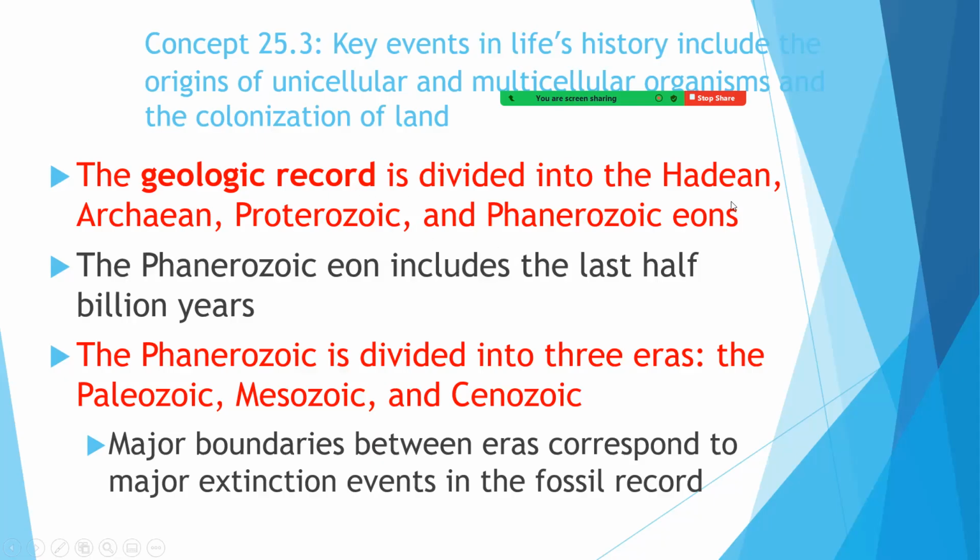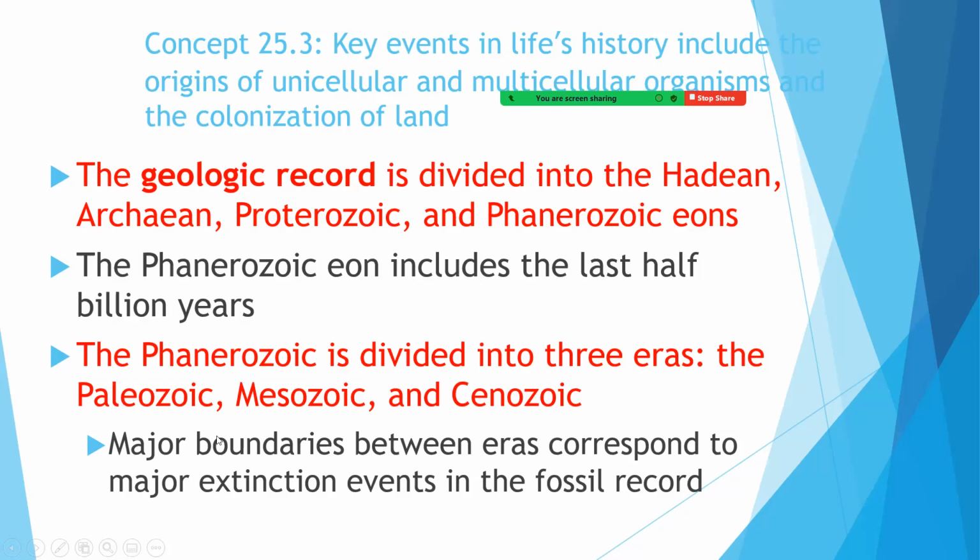It's divided into the Hadean, Archean, Proterozoic, and Phanerozoic eons. And the Phanerozoic eon, the very last one, the one that we're in now, includes the last 500 million years. This Phanerozoic eon is divided into three eras that we'll talk more about: Paleozoic, Mesozoic, and Cenozoic.